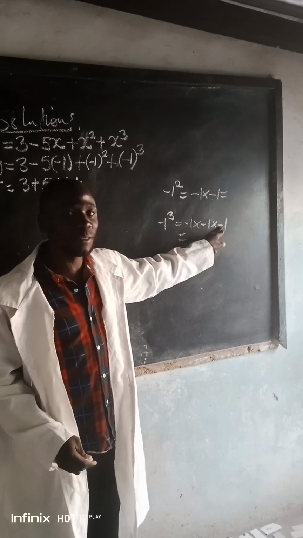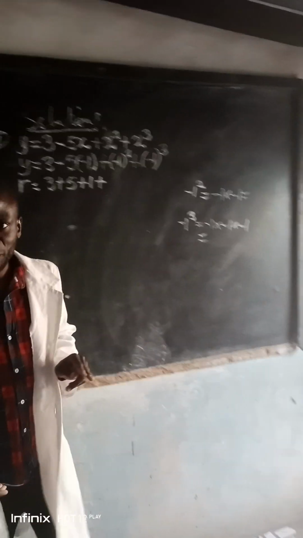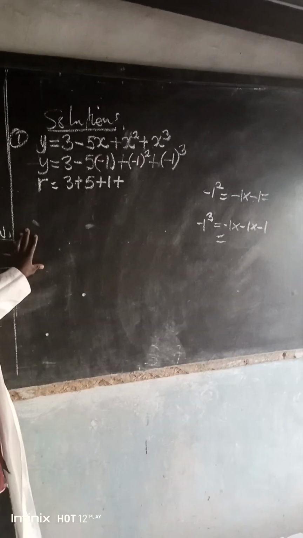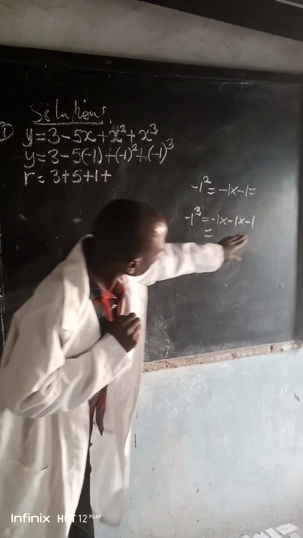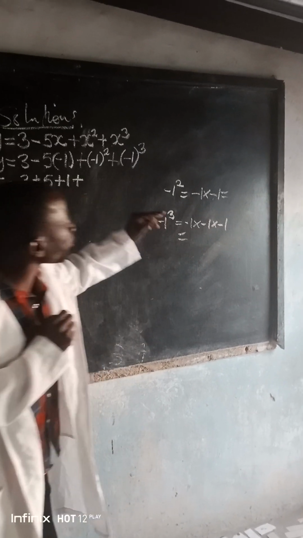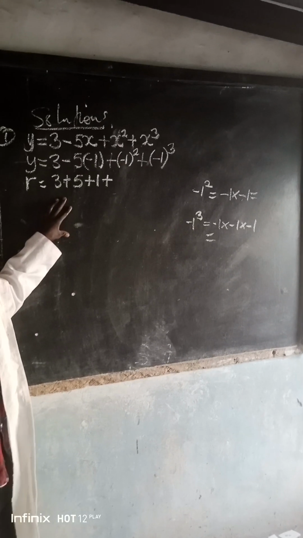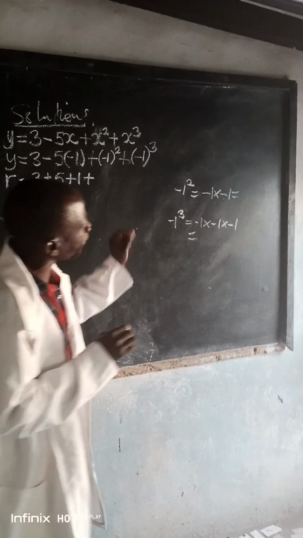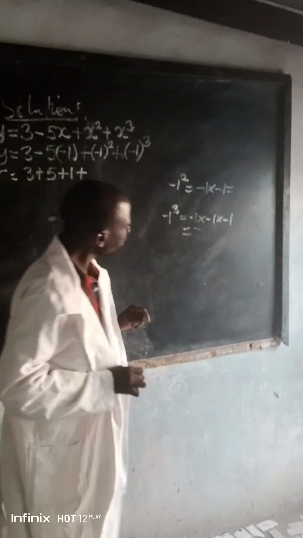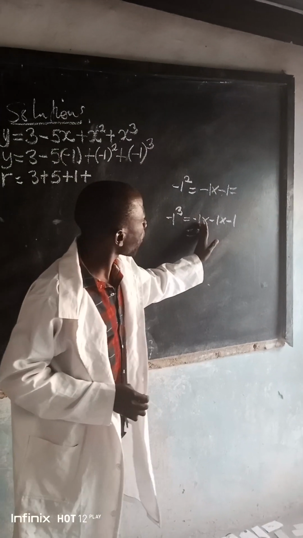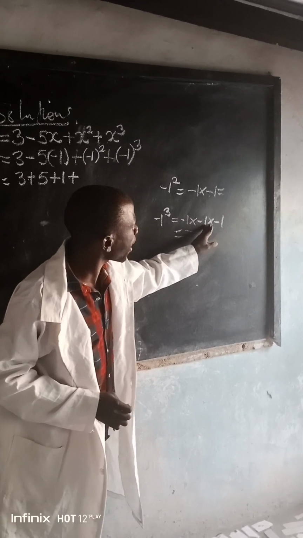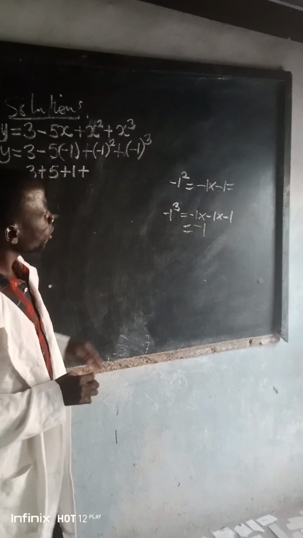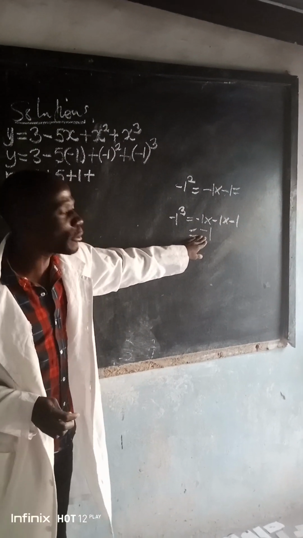Positive times negative, you always get a negative, if you have two different signs. A negative sign dominates a positive sign. So the answer will be negative. Then 1 times 1 times 1 is always 1. So our answer here is -1.